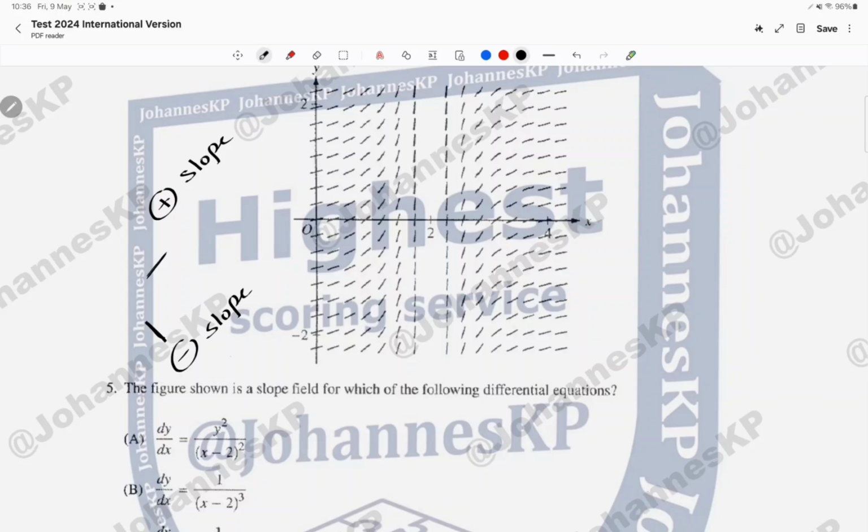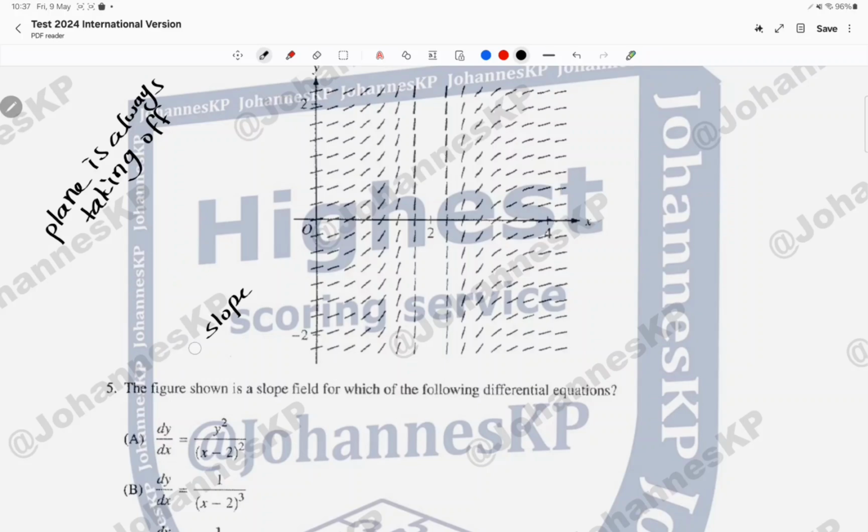But is it ever landing? No. Or is it always going up? No, it's just infinity. So it's always going up. That's what you mean. So the plane is always taking off. Okay? So that means that you must always have a positive slope.